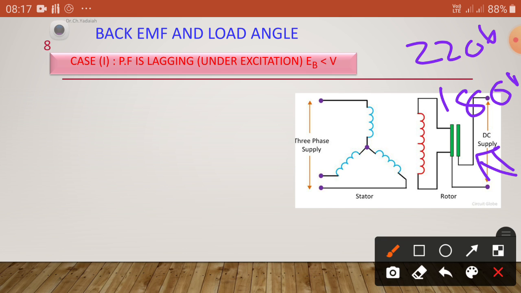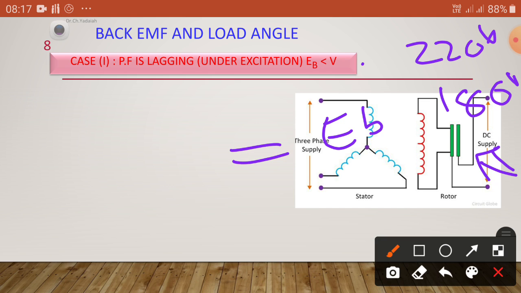In this condition, as we know, the flux reduces, so the back EMF induced in the stator also automatically reduces. This back EMF is very small compared to the voltage.